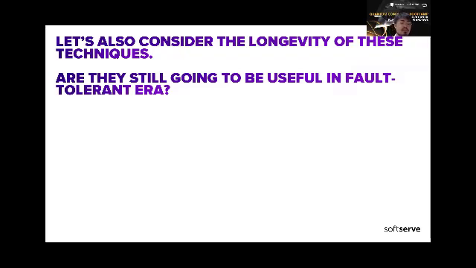Because you don't want to be creating something that is useful just for now with noisy quantum computers, and then not have it be useful in fault-tolerant. Chances are, if it's useful now, it's also going to be useful in fault-tolerant, to be honest. And it all depends on how you define useful. Is it useful in terms of a proof of concept, or is it useful in terms of actually having a business use case?